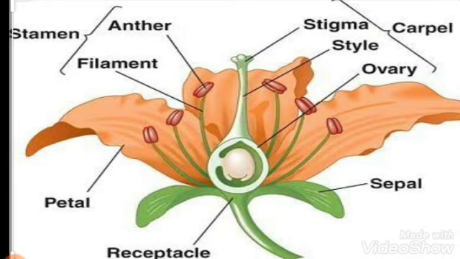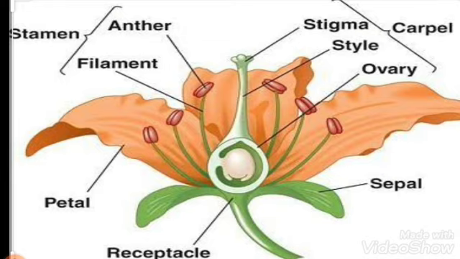Now coming to the last, the fourth whorl, which is the gynoecium, the female reproductive part of the flower, comprised of three parts: stigma, style and ovary. In this way, we have learned about the structure of a flower.